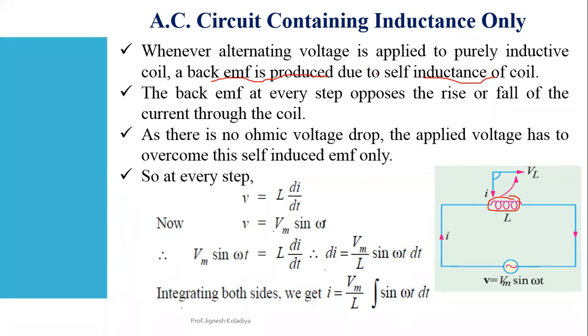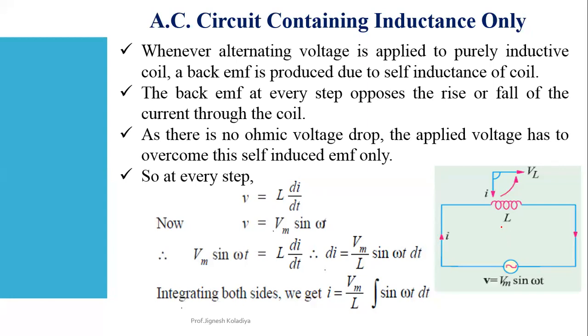That back EMF at every step opposes the rise or fall of current through the coil. And as there is no ohmic voltage drop because resistance is not present, the applied voltage has to overcome this self-induced EMF only. So we can write that at every step V is equal to L into di by dt.